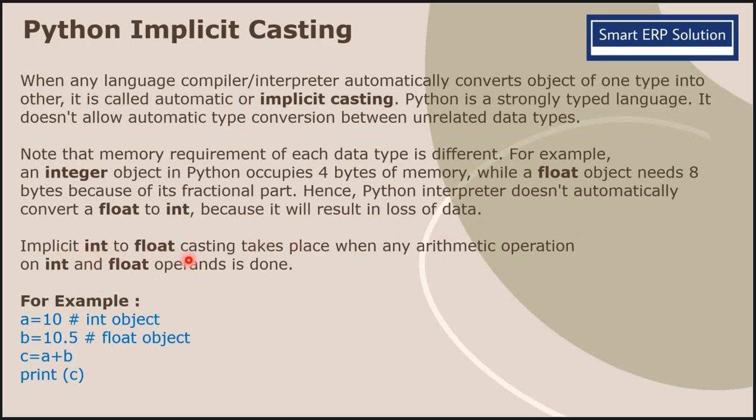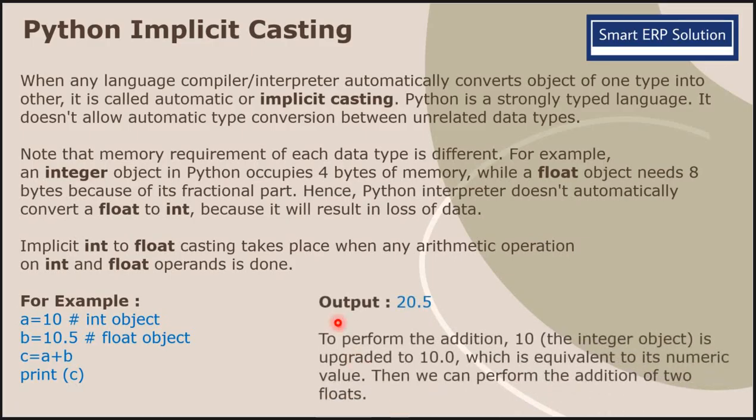Implicit int to float casting takes place when any arithmetic operation on int and float operands is done. For example, suppose A equals 10, which is an int object, and B equals 10.5, which is a float object. Now, C equals A plus B. Then print C. If we run this program, we will get the output 20.5.